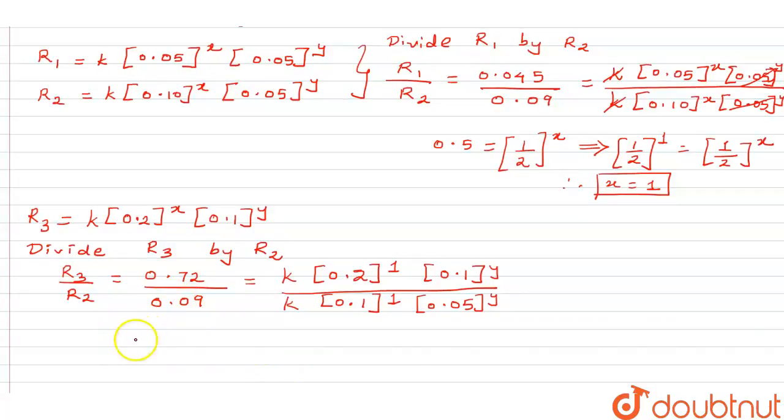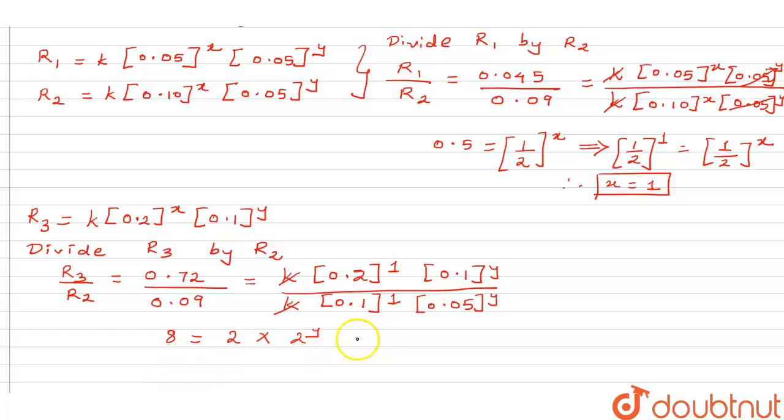Let us just calculate this. The left side is going to be 8. K and K get cancelled off. This is going to be 2 into, and this is going to be again 2 raised to Y.